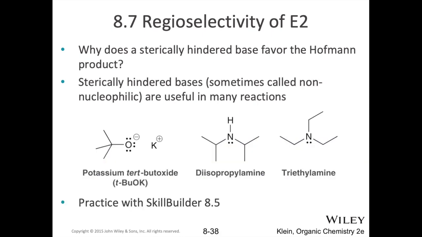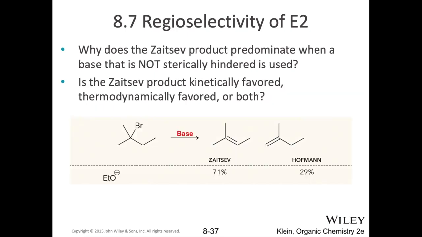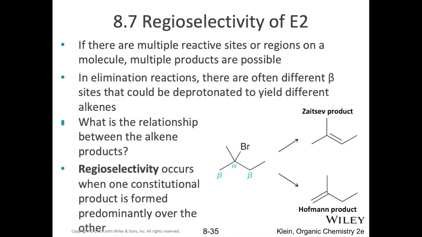All right, so here's some examples of some bases that prefer the Hofmann product. As I mentioned, they're kind of bulky, also called sterically hindered. And we've got lots of options here. I think the butoxide ion is probably the most common one you've seen. But it's possible to get certain amines that have bulky alkyl groups on them. If I go back a slide here, and just to help you understand what's going on, remember, the Zaitsev product is more substituted, right?